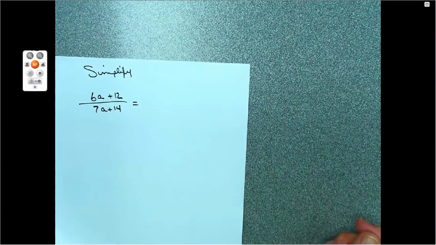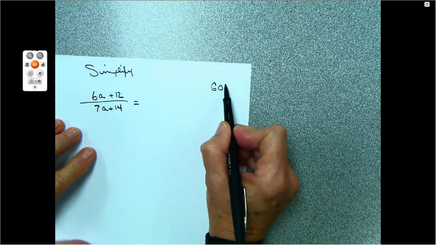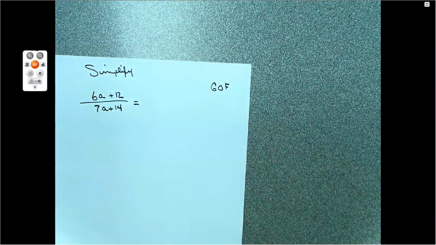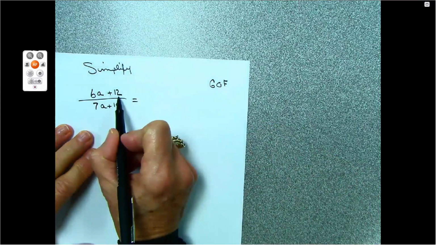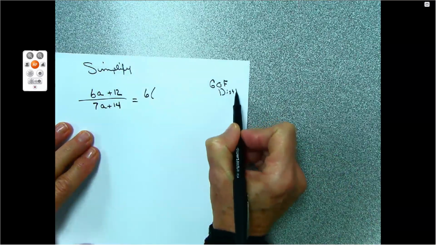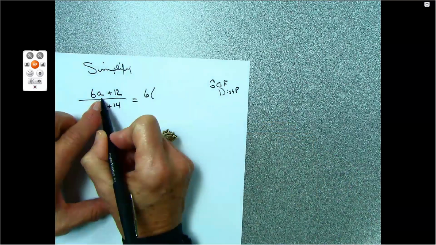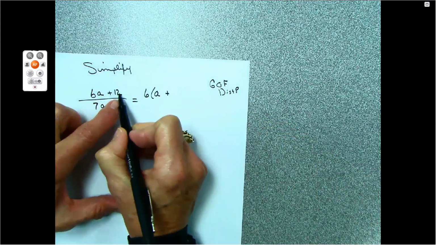Well, simplifying, we're going to factor and look for other names for 1. So factoring, is there a greatest common factor? Kind of always our first step. Greatest common factor. Well, in the numerator, it looks like 6, so I'm going to use the distributive property in reverse. 6 times what would give me 6a? Pick up your sign, and 6 times what would give me 12?